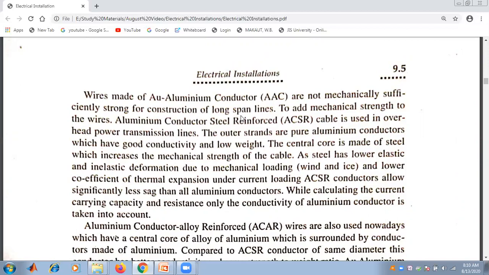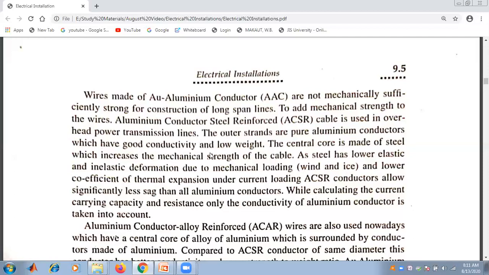To add mechanical strength to the wire, ACSR, aluminum conductor steel reinforced cable, is used in overhead power transmission lines. The outer strands are pure aluminum conductor, which has good conductivity and low weight. The central core is made of steel.